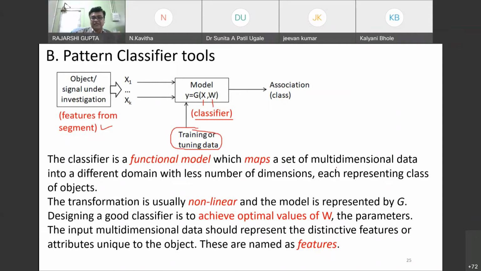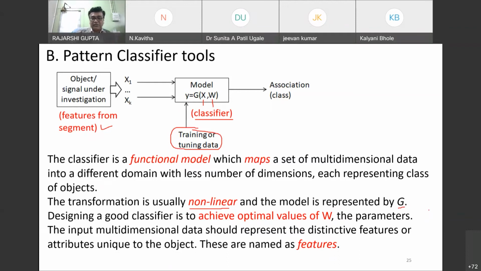In our case of signal quality assessment, this training data will be the annotated data. The essence of the classifier is that this transformation is nonlinear, and the model is represented by G. Basically, classifiers do not make a linear transformation.